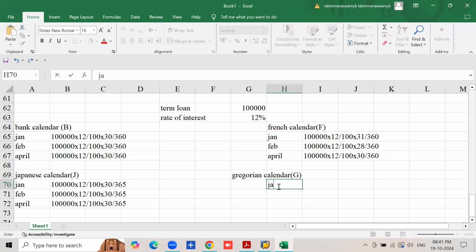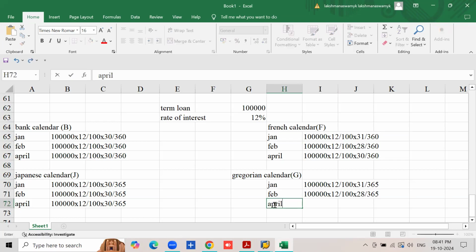See, January: 1 lakh into 12 by 100 into, January actually contains 31 days, right? Into 31 divided by 365. February: 1 lakh into 12 by 100 into 28 divided by 365.